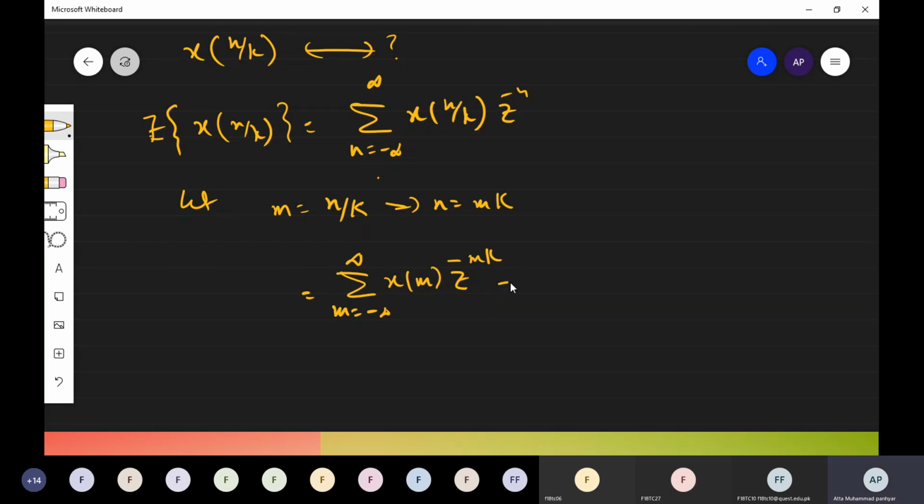mk, right? Can we rewrite this equation as summation m from minus infinity to infinity, x of m z power minus k whole power... I made a mistake. No. So z power k power minus m.